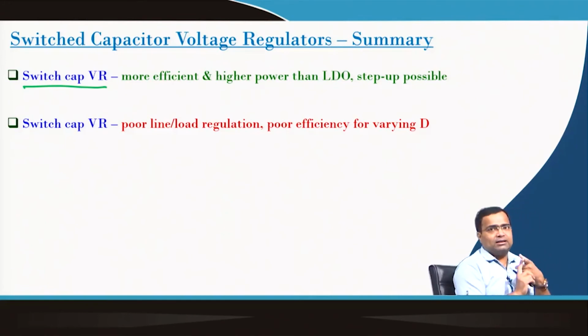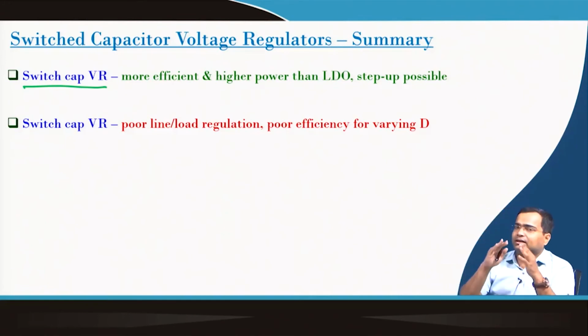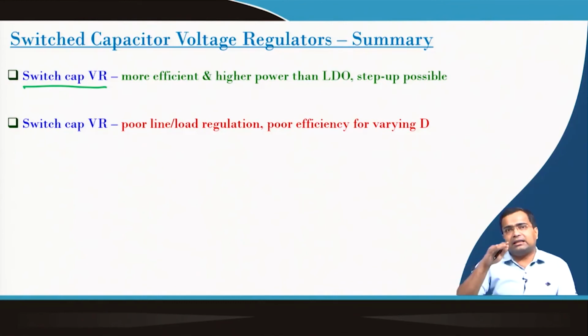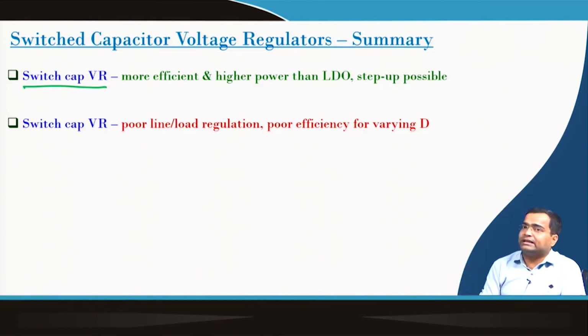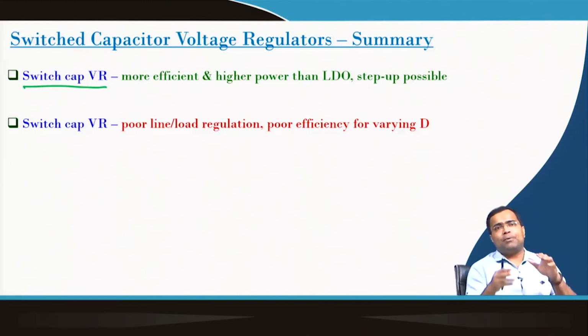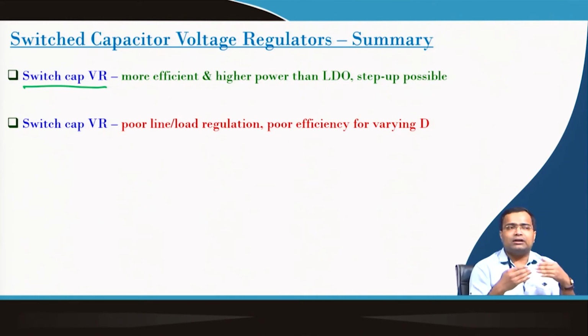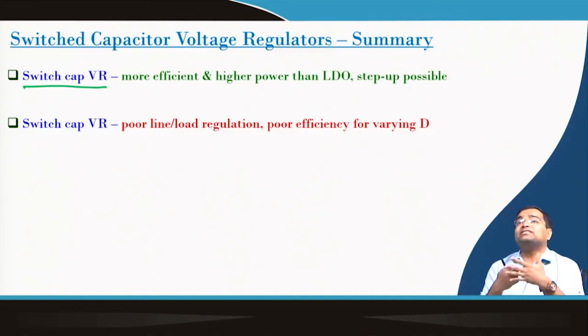Another important factor: since the peak voltage we achieve is Vin by 2 for one cell, if we want to set the output voltage much lower than Vin by 2, then we need to allow larger and larger ripple, and that kind of ripple can also degrade the efficiency. That means if you operate this voltage regulator at a duty ratio different than Vin by 2 for step down, then it suffers from poor efficiency.